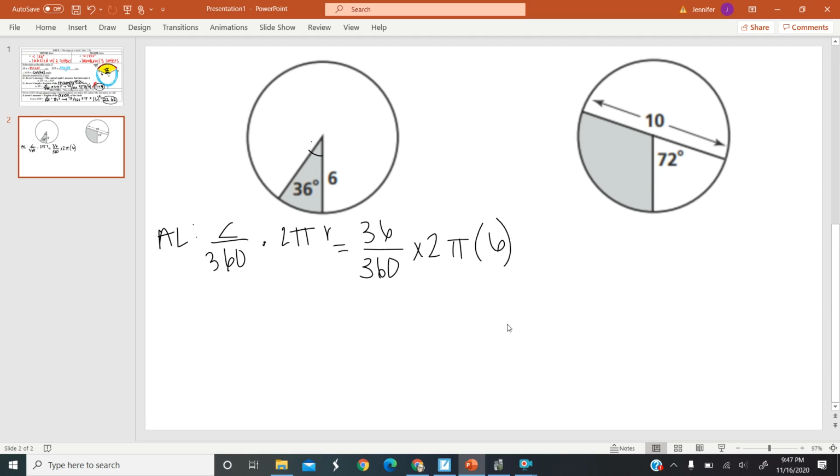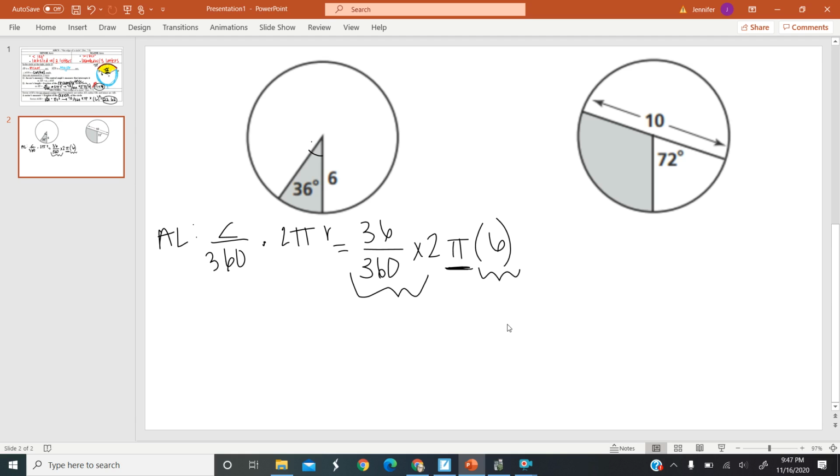So for our arc length there, I do want to show you how to do one other thing. If a question ever asks you to put your answer in terms of pi, then you're going to type it into the calculator a little bit differently because you want to have that pi still in your answer. So what you're going to do is type in literally everything else, but we're not going to type the pi in.